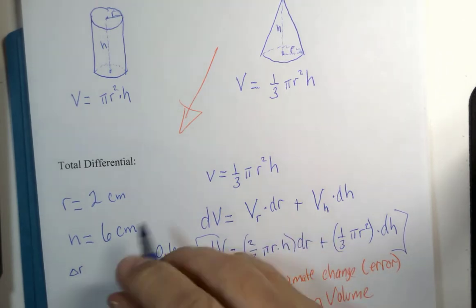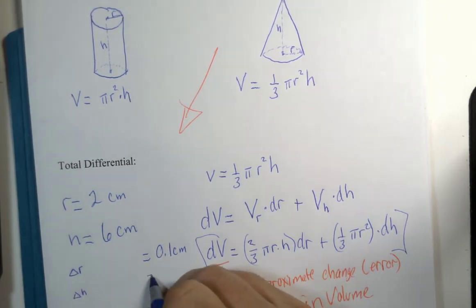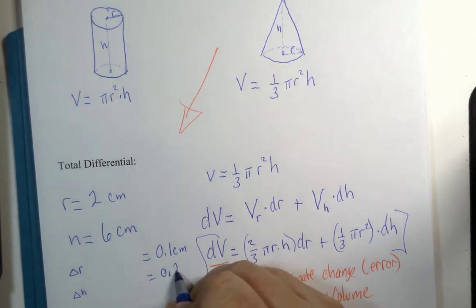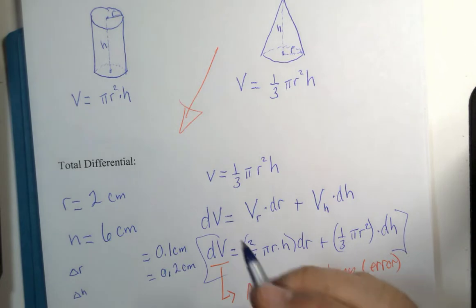And the same device that makes that cone, when it makes the height, could be off by as much as 0.2 centimeters or 2 millimeters.